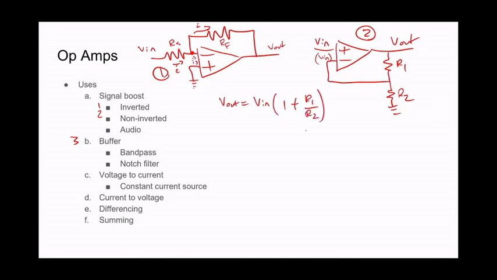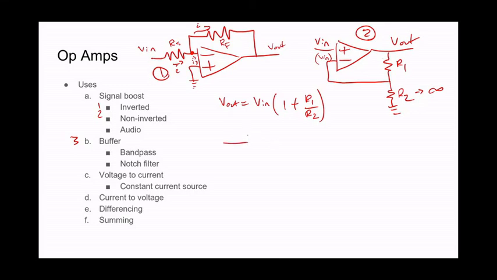Now, if we want to get this to be a buffer amp, or in other words, if we want to have a gain of 1 and only 1, what would we need to use here? Well, R2 needs to be as large as possible. So if this goes to infinity, by having no resistor there, just no connection to ground. And we have R1 be as small as possible by having no resistor there, meaning just a wire.